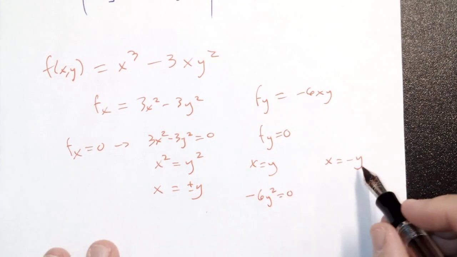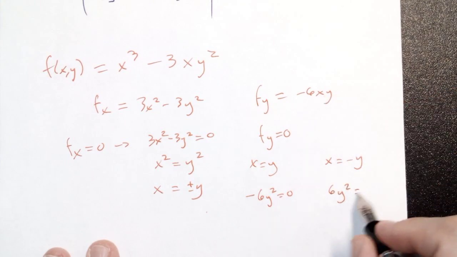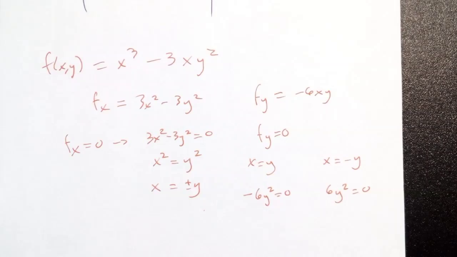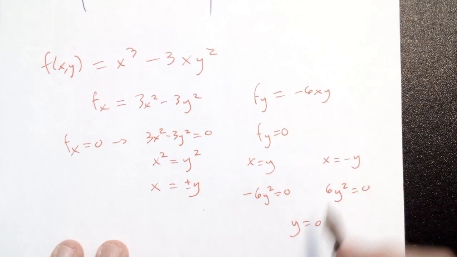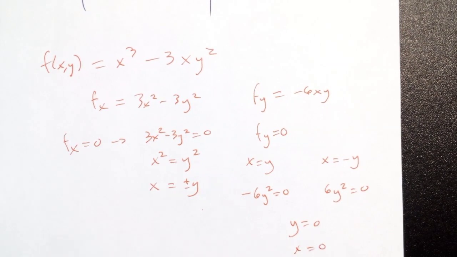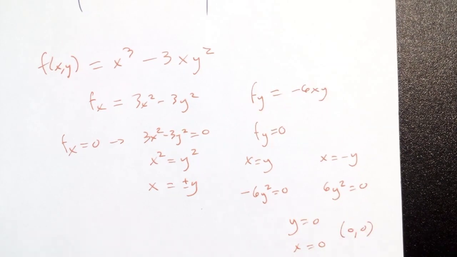And if x is equal to negative y, I put that in here, and I get 6y squared equals 0. What's the only way that's going to happen? When y is 0. But if y is 0, then in either of these cases, x equals 0 also. So there's only one critical point, and that critical point is 0, 0.